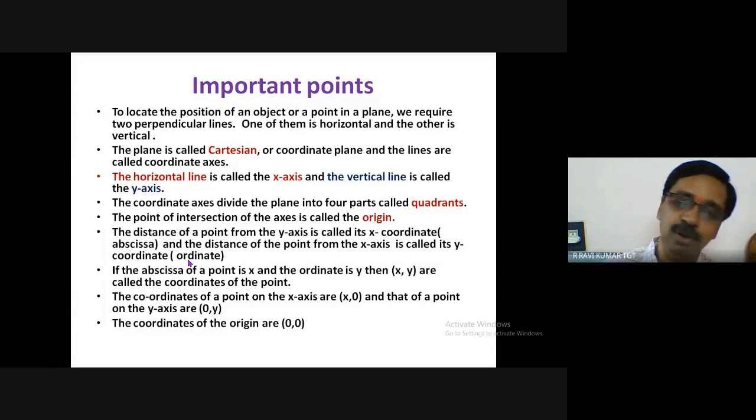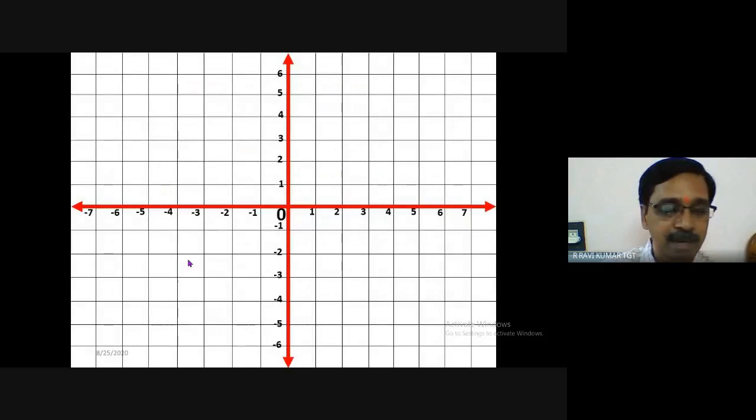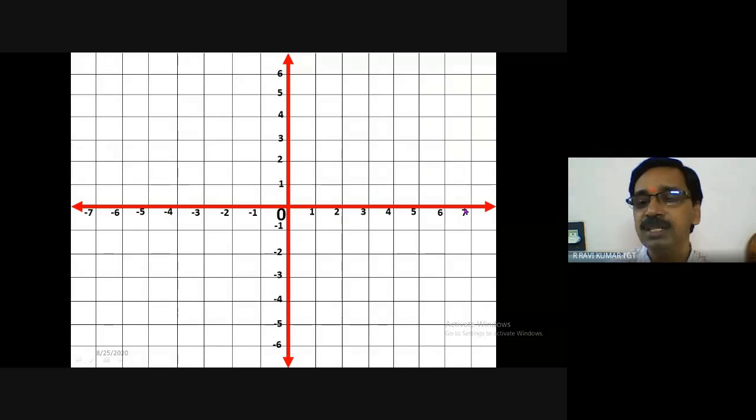You know this. So let us take one plane. Where is the x-axis here? This is the x-axis, and this is the y-axis. You can very well understand what is the x-axis and what is the y-axis. The horizontal line is called the x-axis and the vertical line is called the y-axis.